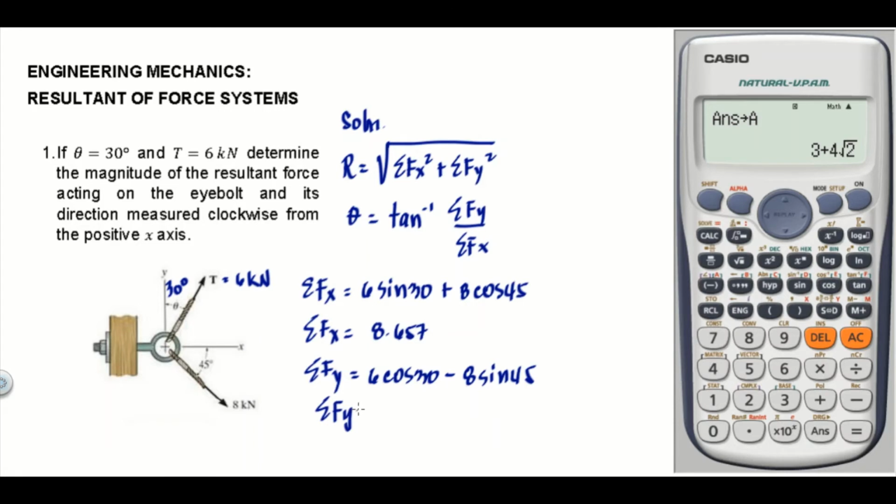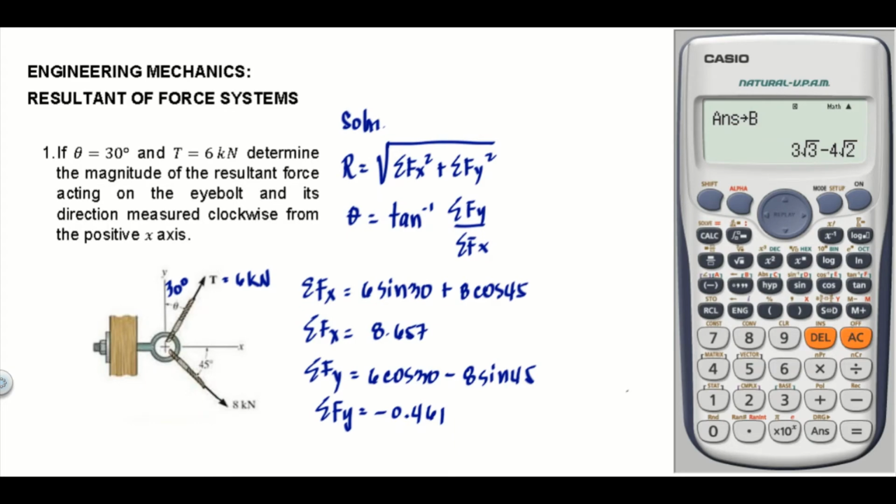Summation of forces along y is 6 cosine of 30 minus 8 sine of 45 equals negative 0.461 kilonewton. Okay, store na rin natin to in memory B.